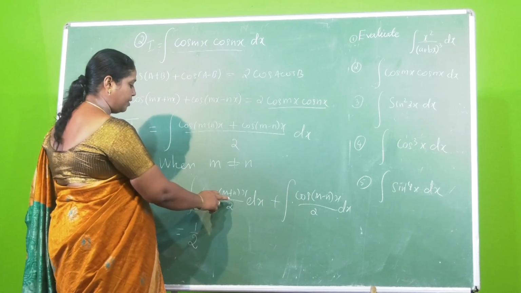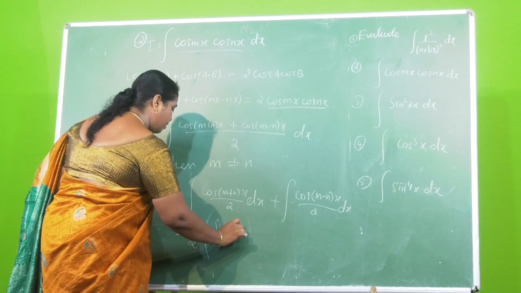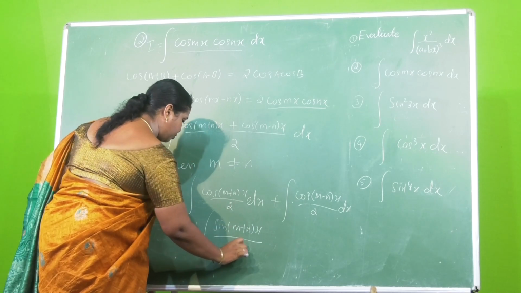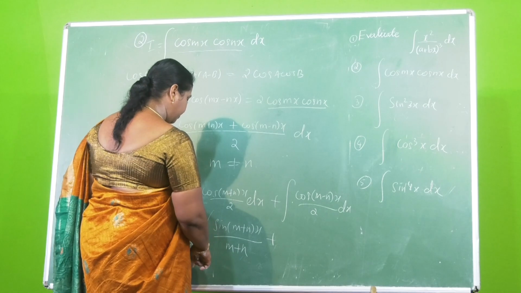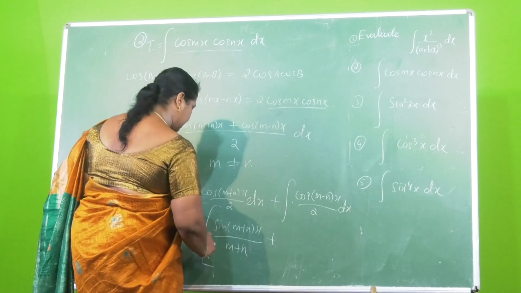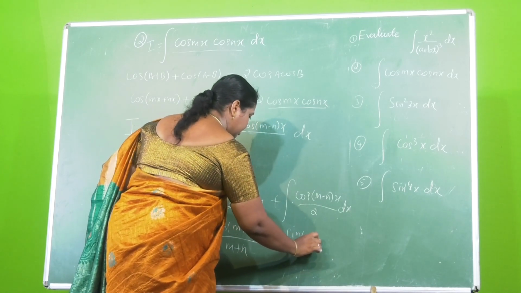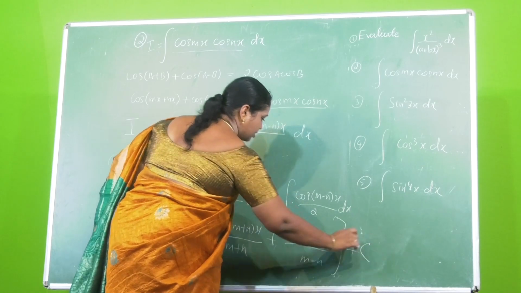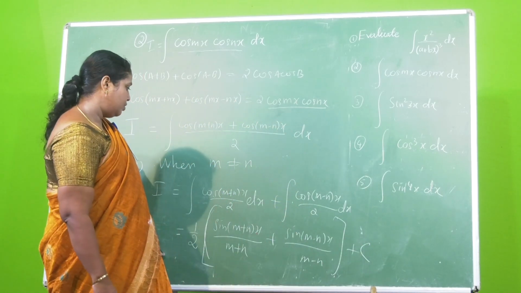What is the integral of cos of (m plus n)x dx? This is nothing but sin of (m plus n)x divided by the coefficient of x, m plus n, in the denominator. So the second term will be, if you take it separately, sin of (m minus n)x divided by m minus n. So this is the answer.